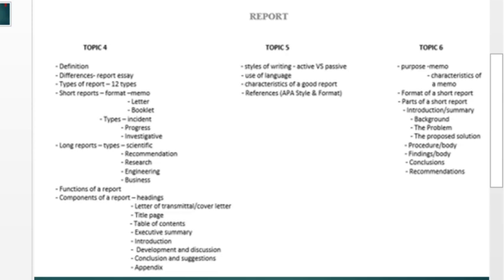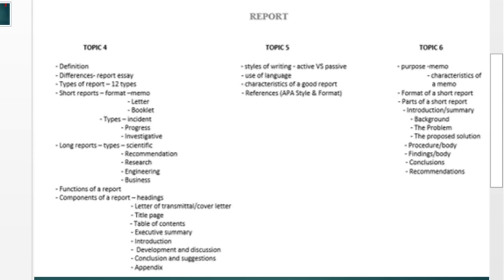And also there could be a question that would ask you what's the purpose of a memo, and then maybe asking you to choose one of the characteristics of a memo. So you must make sure you choose the right one, and remember what the characteristics of a memo are.